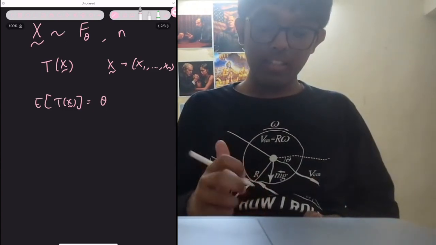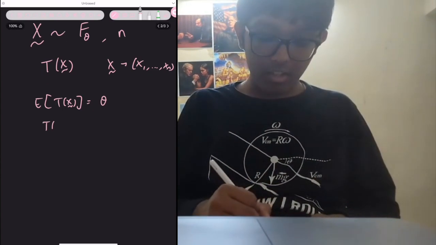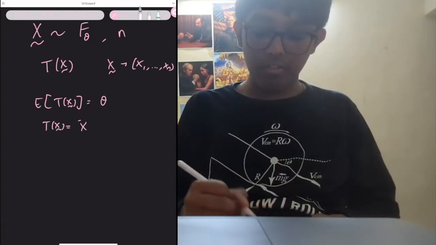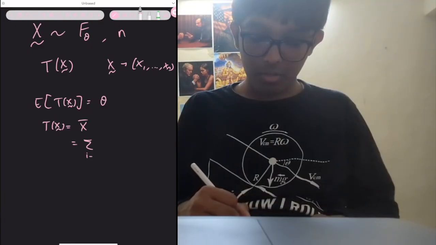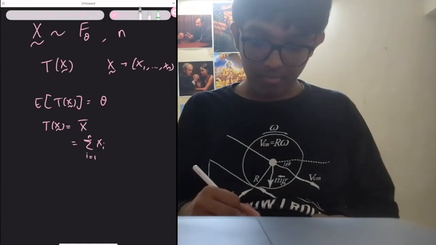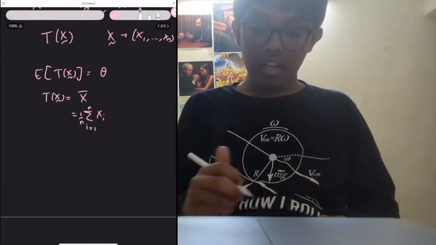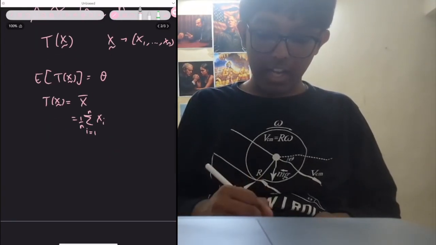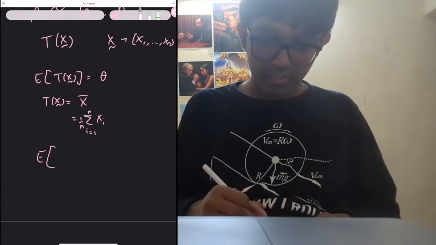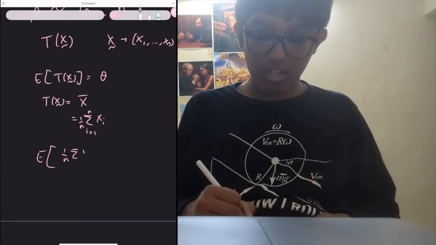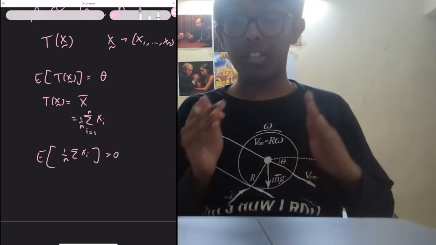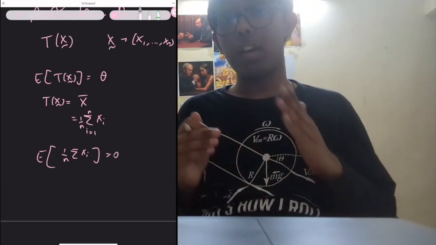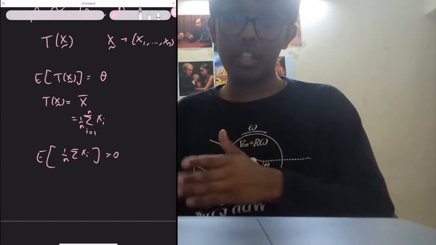Let's say the statistic t of x is just the mean of x, which is the sum from i equal to 1 to n of xi divided by n. And if the expectation of this 1 by n summation xi is equal to theta, then we can say that the mean of the sample is an unbiased estimator for theta.